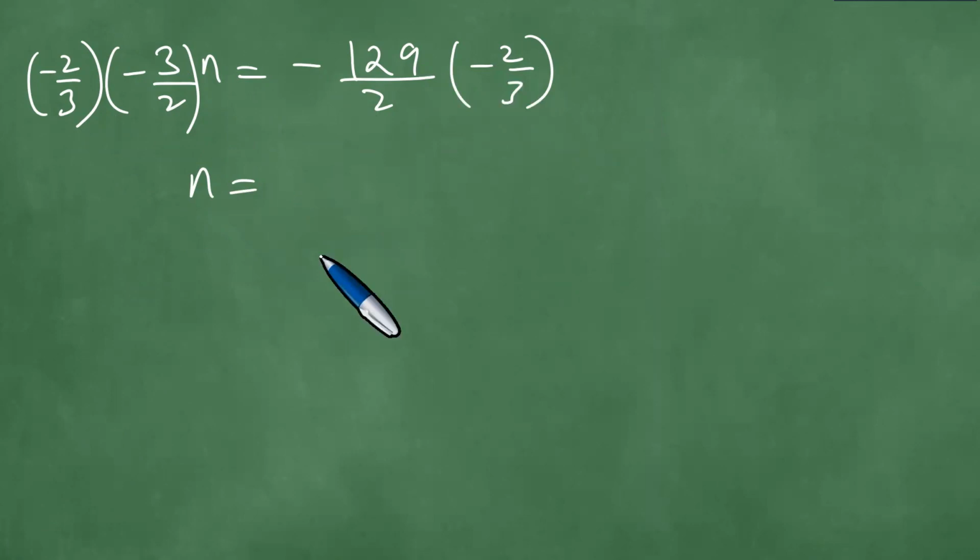Now we have 129 divided by 3. What is 129 divided by 3? Let's check. 43. What did you get? 43. 43.